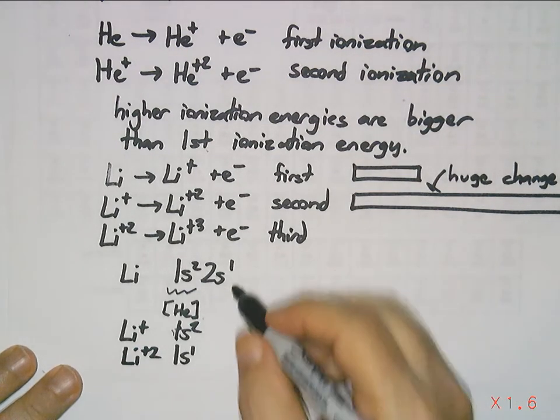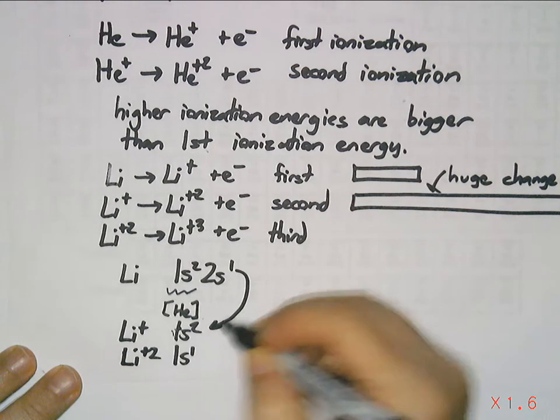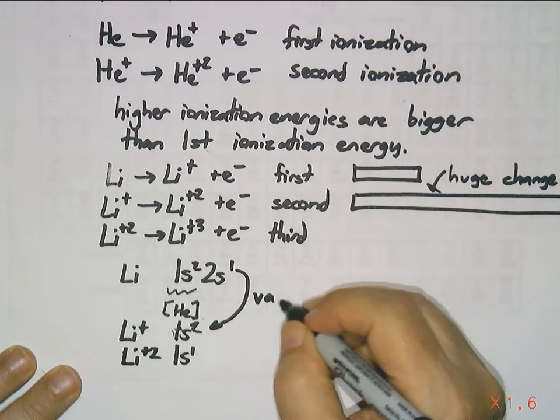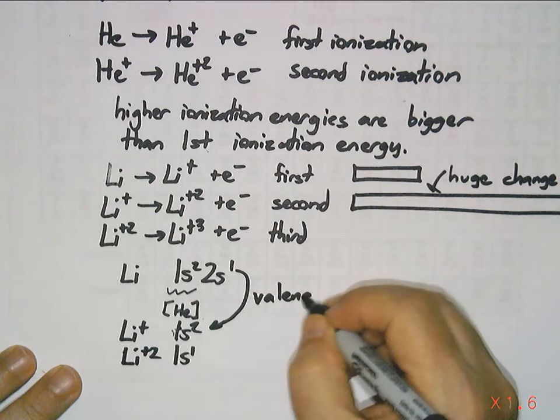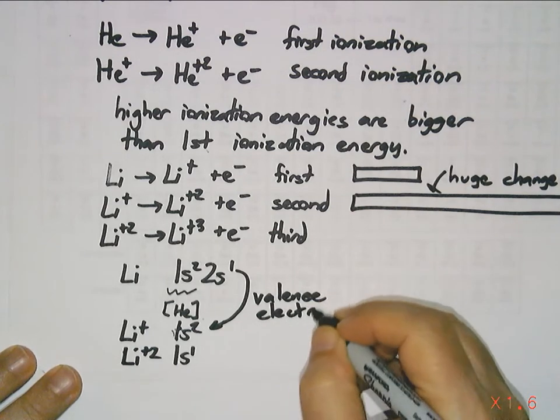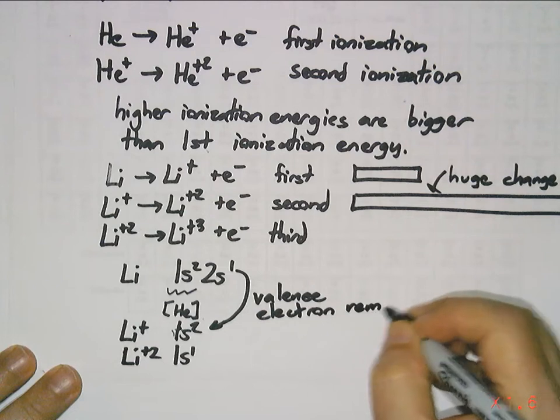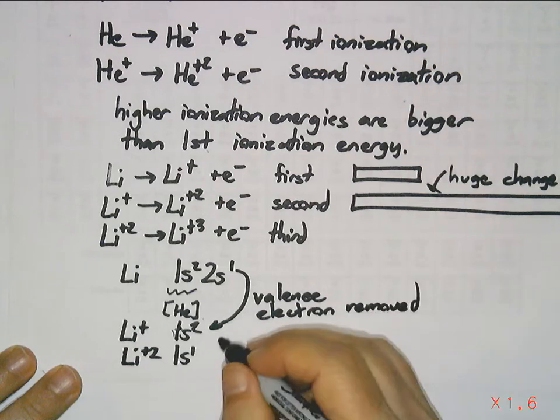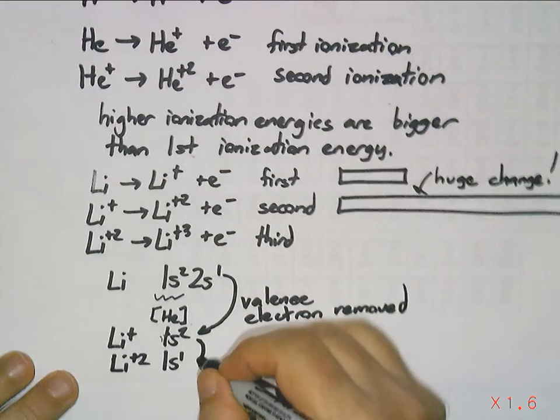So here you're taking away a valence electron. And here you're taking a core electron away.